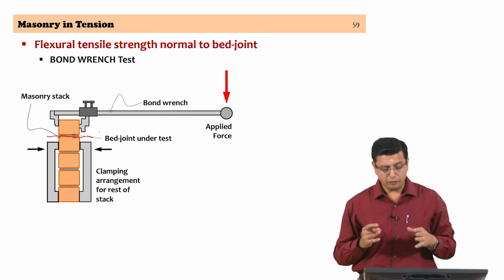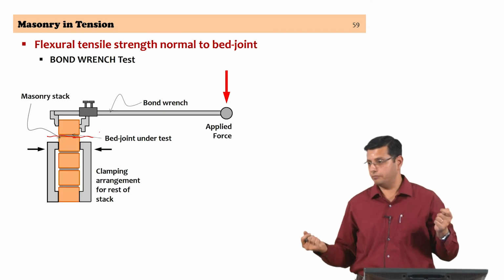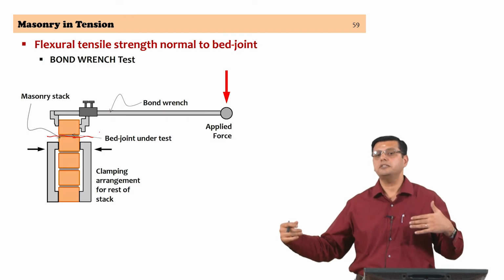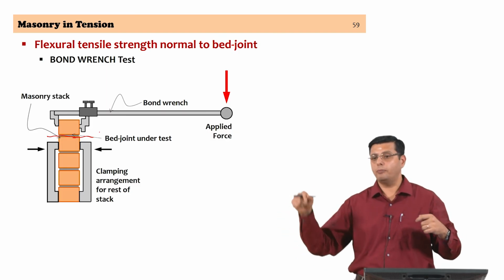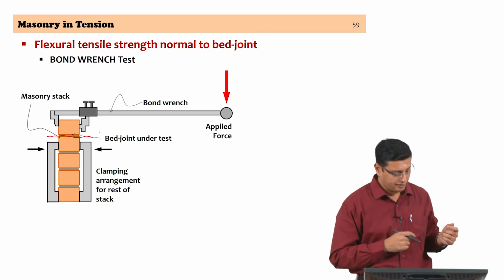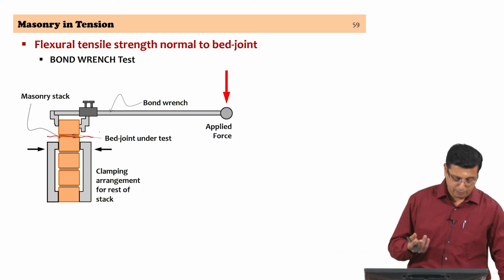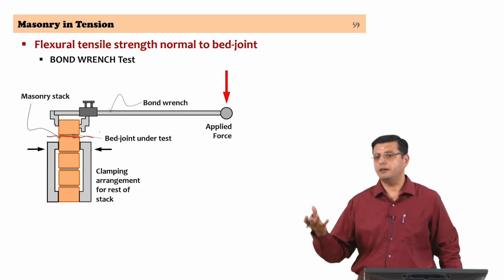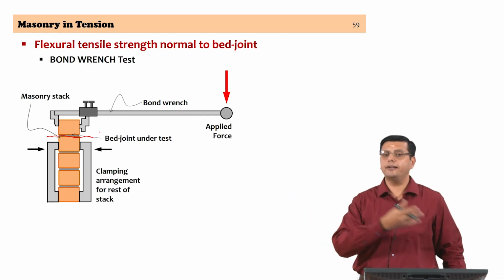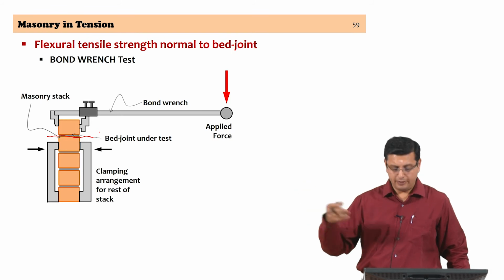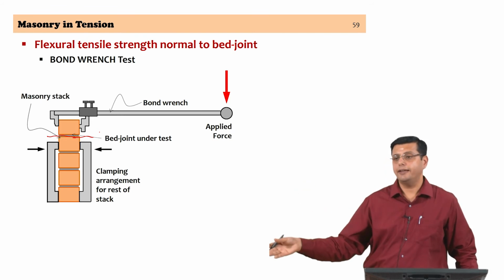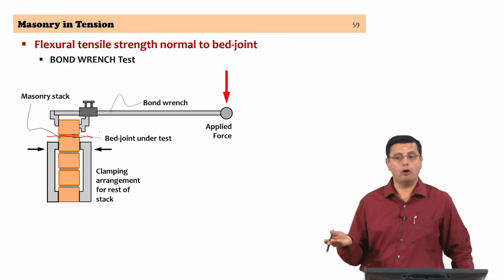Now, you will have to be careful, the bond wrench should not deform. You should have a sufficiently stiff bond wrench that does not deform as you are applying a force, because that can foul your measurements. Typically the weight that is required to cause failure, the weight that you will be hanging, or the force that you are going to be applying at the end of the lever arm, is actually small.